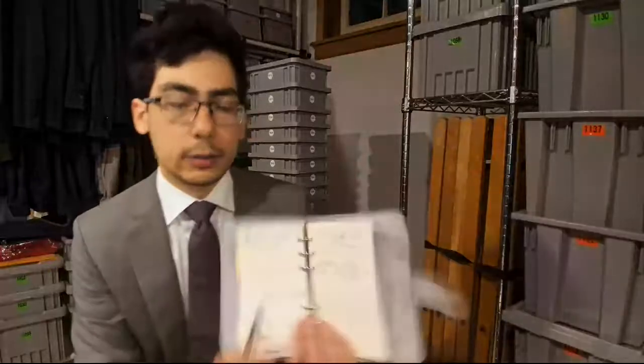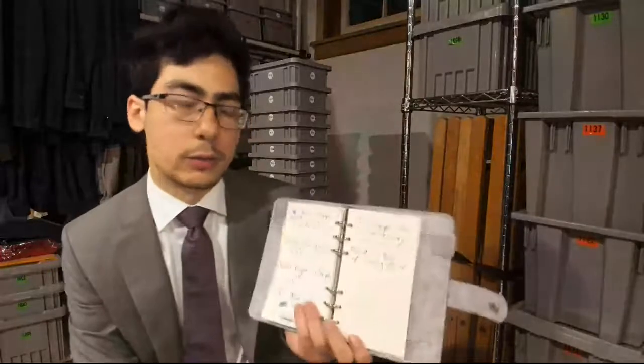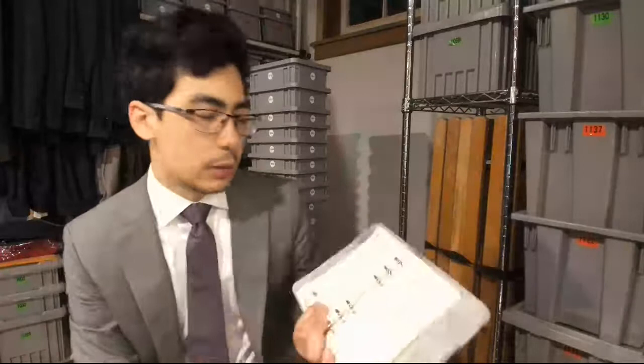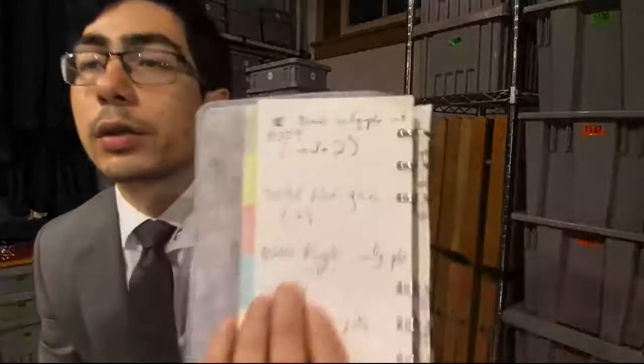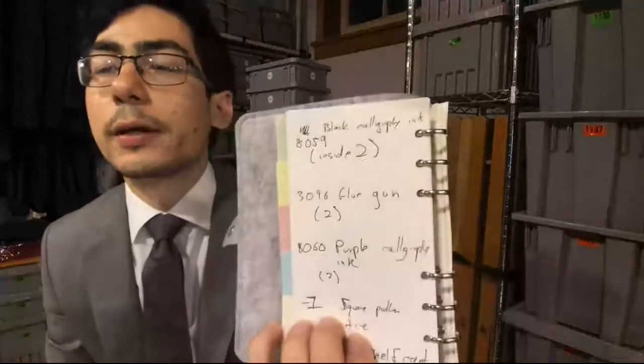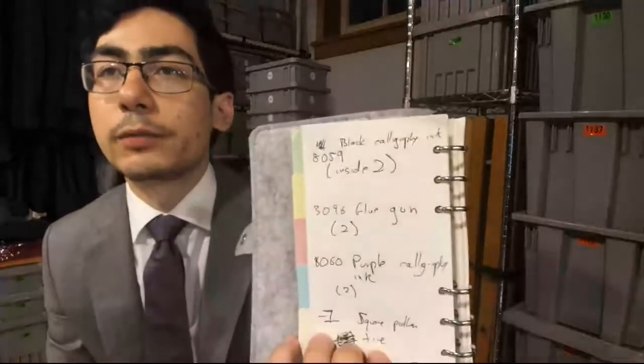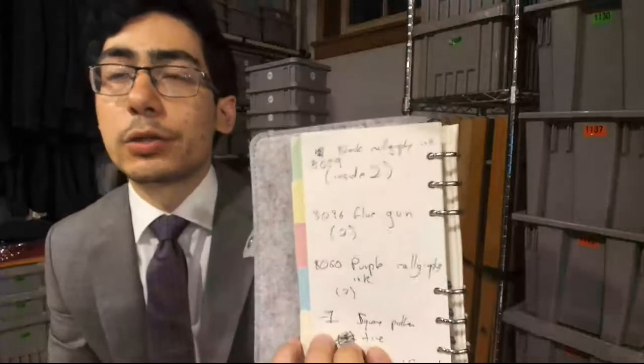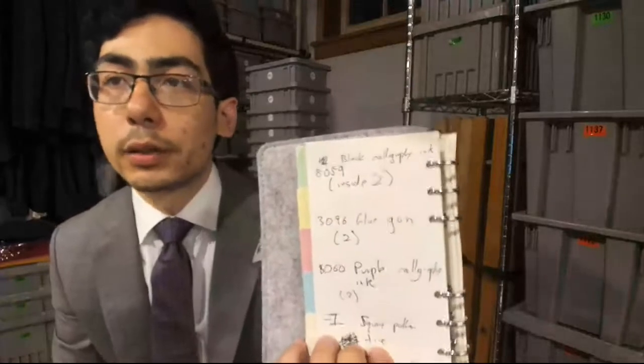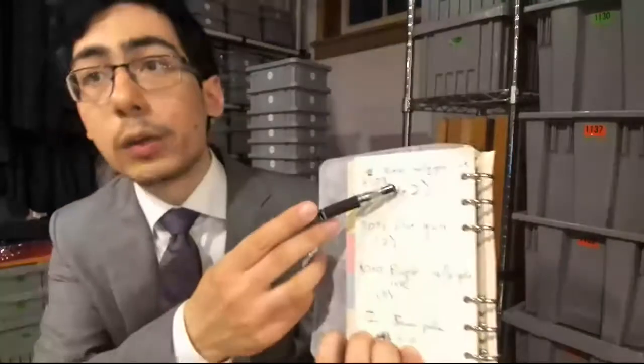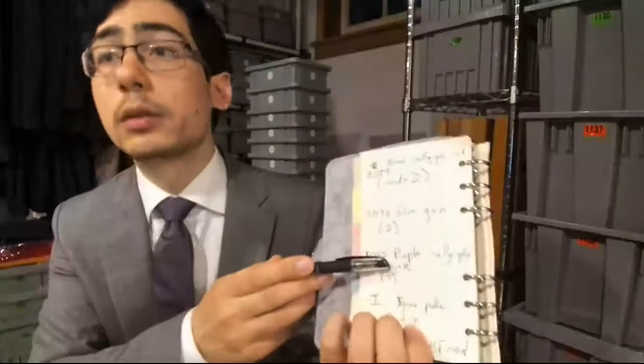I'm doing it on paper. But if you did it in a text file on a computer, or a word processing file, or an email, then you'd be able to search this file. Let's go back to the first one. If I'm looking for a calligraphy ink, I could search the file for calligraphy or ink, and it would get me to this one and to this one.